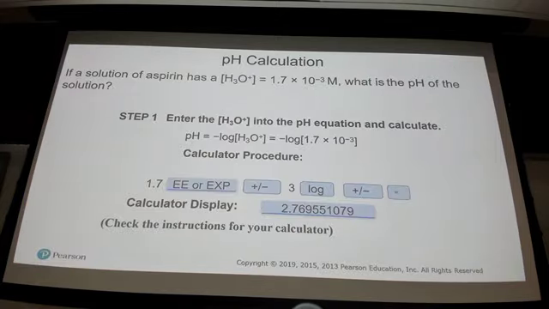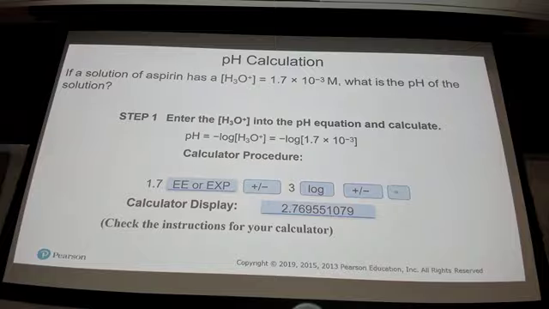So remember we talked about calculating the pH of, in most cases, drugs. We're gonna see how important this is in Block 4 when we look at pharmacology. But in order to calculate the pH, if you were given the hydronium concentration, you would just plug that hydronium molarity into your calculator, and you should come up with this number here.